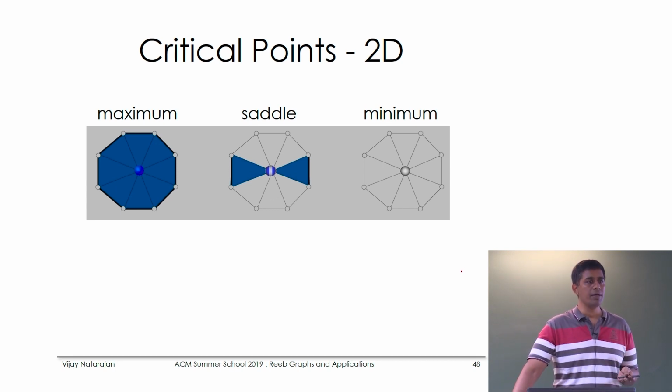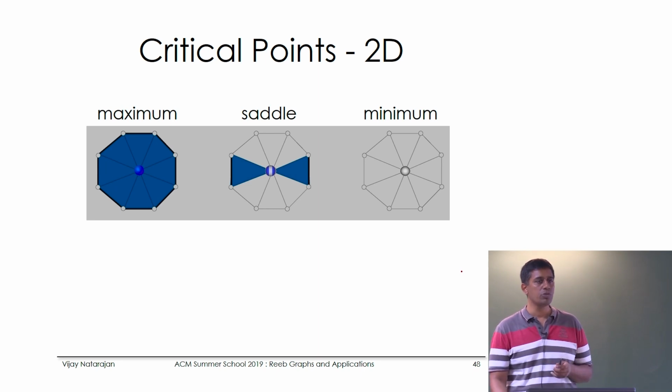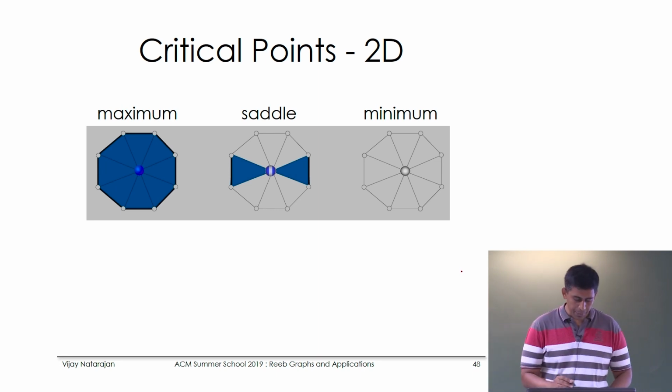So maximum is where all my neighboring vertices have function value lower than me, right? But what does it mean in terms of the star and the link, right? So here is where my piecewise linear assumption comes into play. So this is vertex v, and the function value here is f at v, and this is u, right? I use linear interpolation.